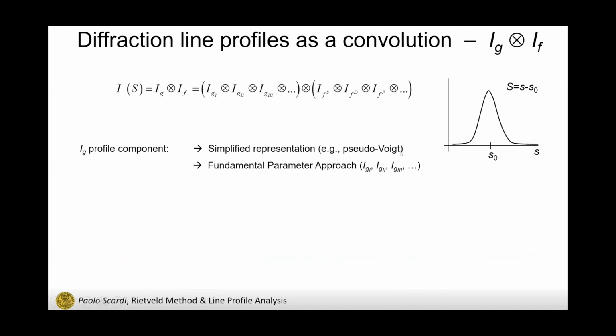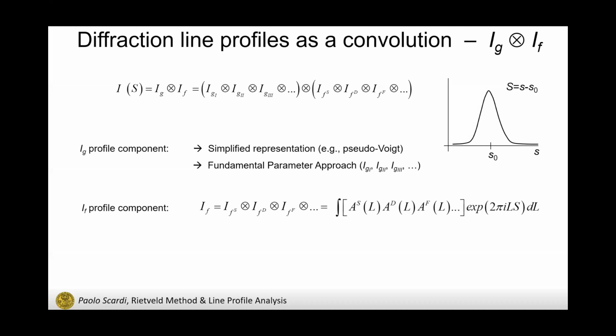For the F component, related to the microstructure of the sample, it is convenient at this point to introduce the Fourier theorem for convolution. The convolutional profile components are transformed basically into a product of Fourier transforms, which is computationally much simpler and more effective to deal with.